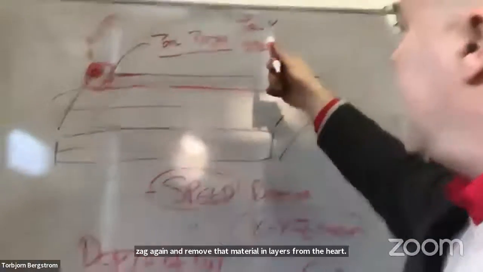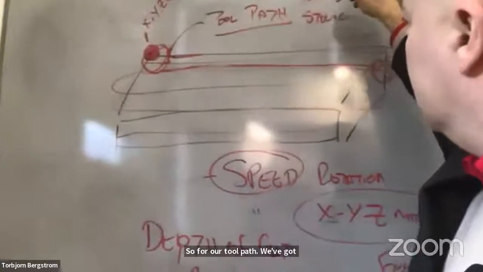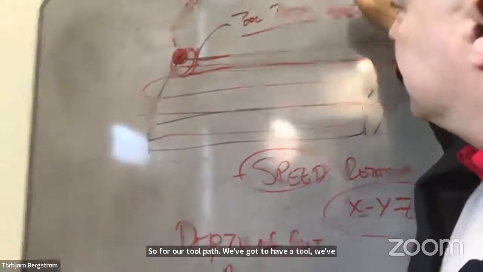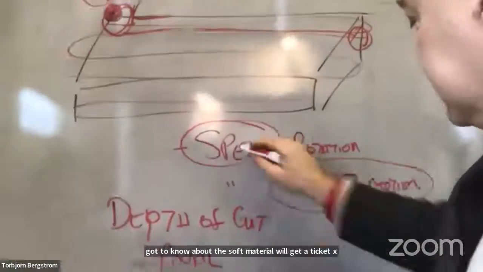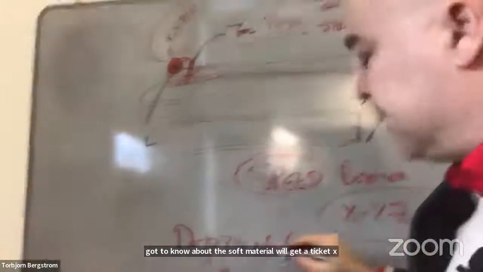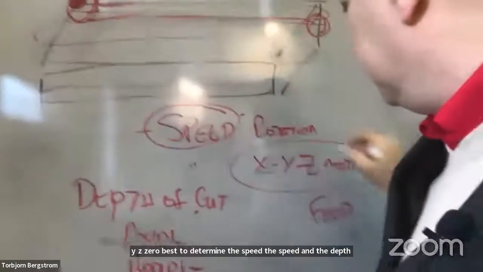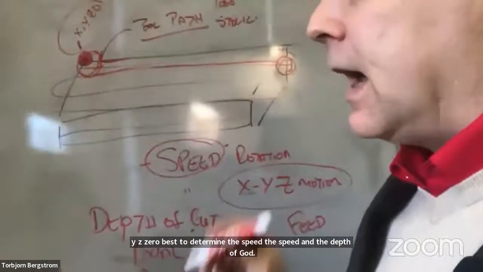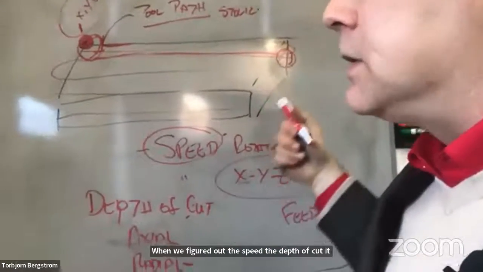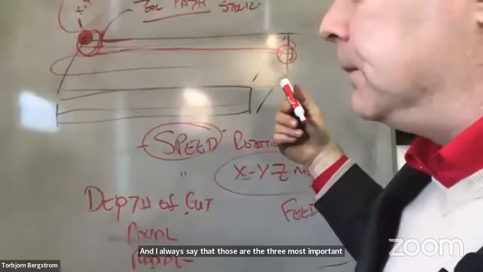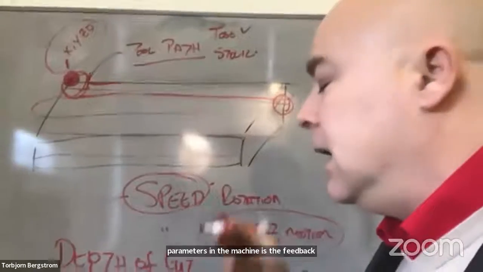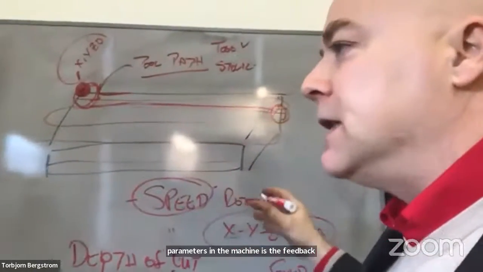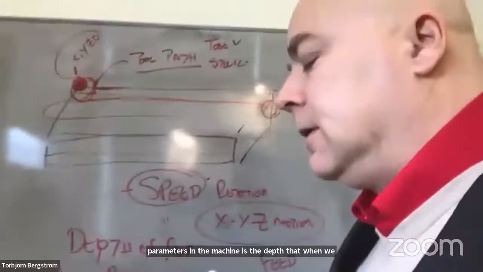So for our tool path, we've got to have a tool, we've got to know about the stock material, we've got to pick an XYZ zero, and we have to determine the speed and the depth of cut. I always say that those are the most important parameters in CNC machining: speed and depth of cut. When we pick those things, what are they based on?